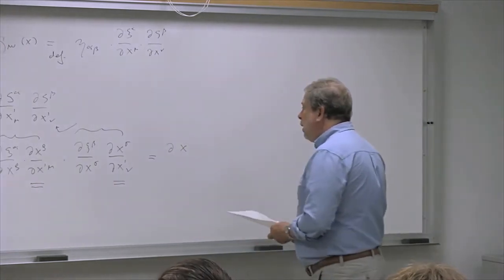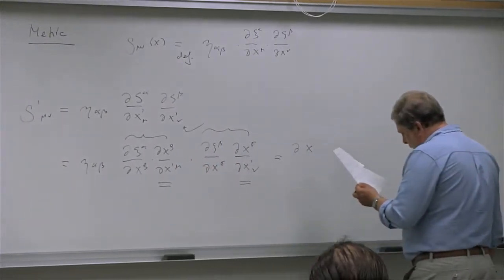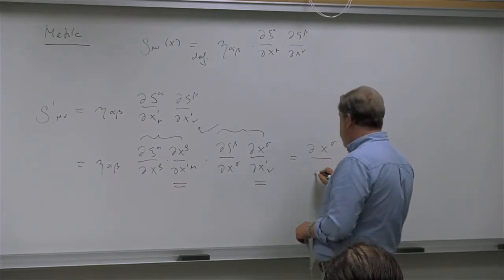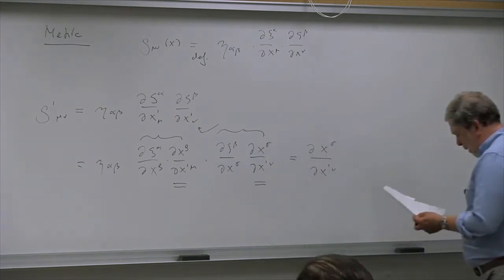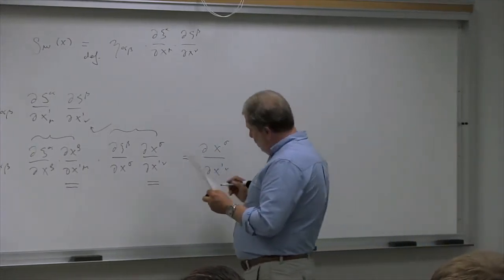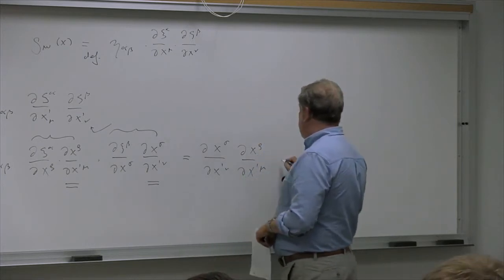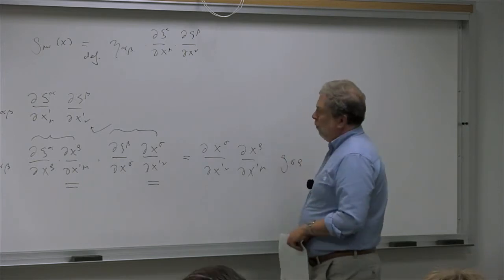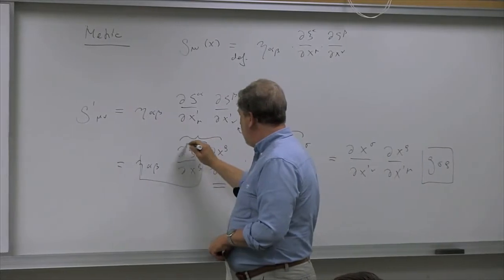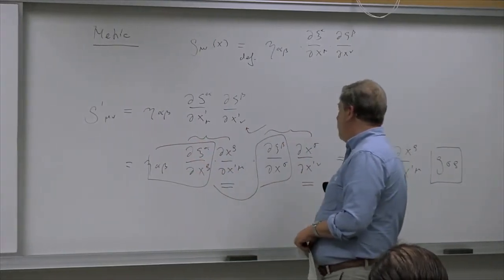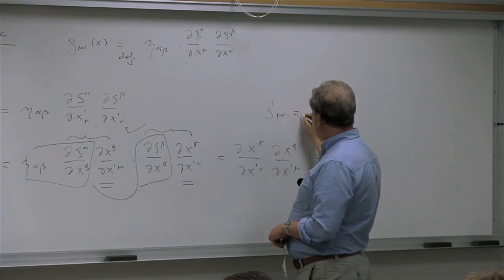If you look at these two factors, dx sigma by dx prime nu and dx rho by dx prime mu, times g sigma rho, where we use the fact that this g sigma rho is equal to this combination here with eta alpha beta, we have that g prime mu nu is equal to that.